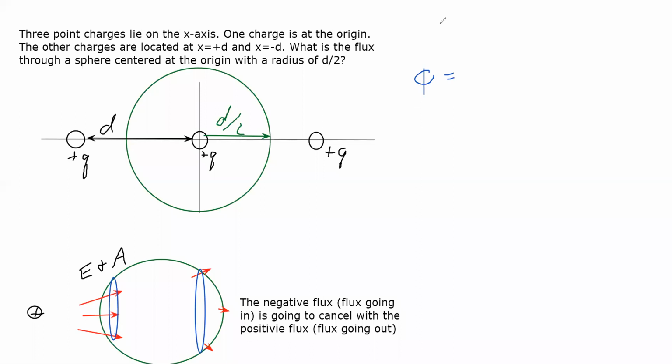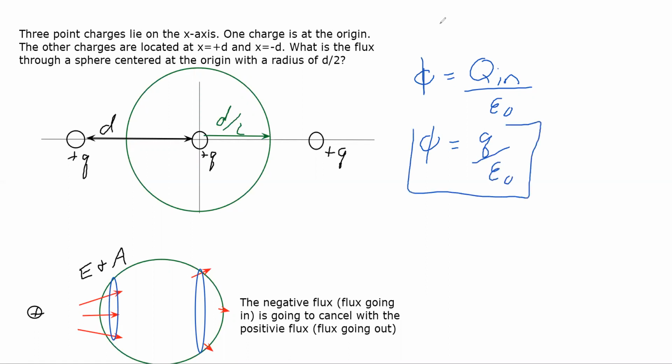Flux equals charge inside your Gaussian surface over epsilon 0. In this case, our flux is just going to be what's inside. Well, inside is just a Q, Q over epsilon 0. That's our flux. Okay, so we're starting to see that connection between flux and the charge inside.